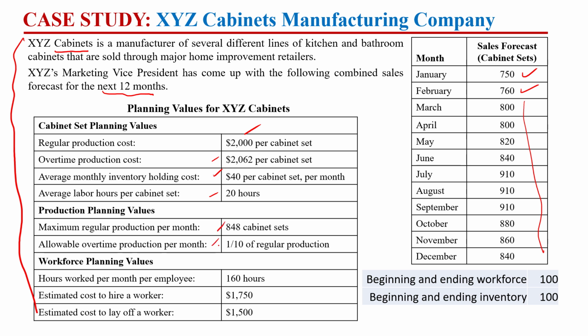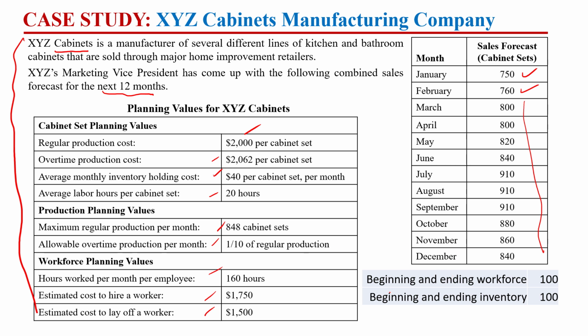Similarly, they are telling us the allowable overtime production per month, which is 10% of the regular production capacity. Then our work hours per month per employee, the hiring cost per worker, and similarly the layoff cost per worker.